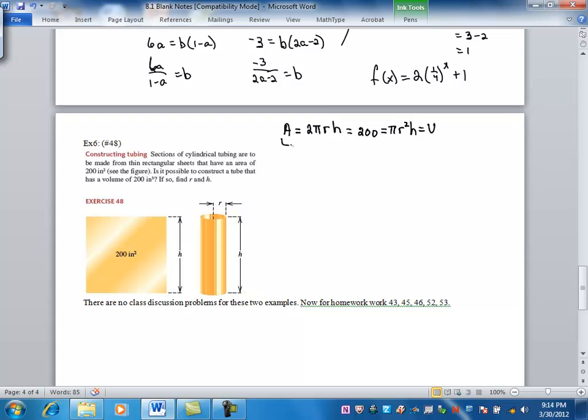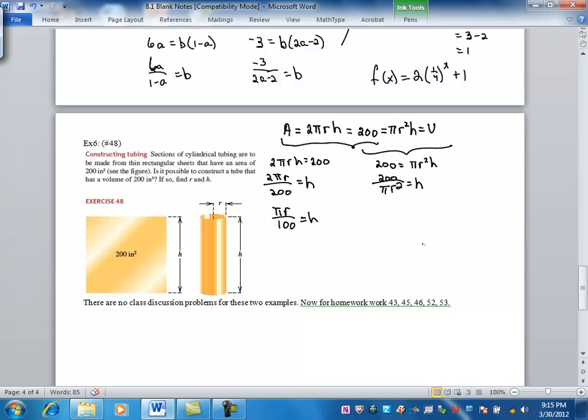If we consider this part of the equation right here, 2 pi RH equal 200, and so H is equal to 2 pi R divided by 200, or pi times the radius over 100, so that's H. Okay, and then over here, if we check this part out, 200 equals pi r squared H. Well, if we solve once again for H equals 200 divided by pi r squared.